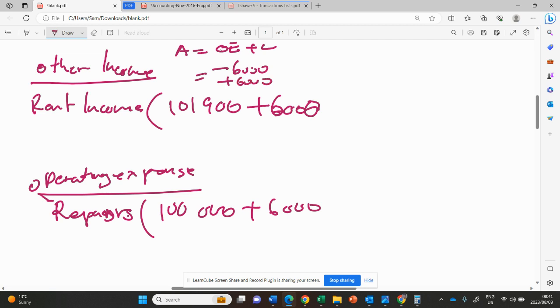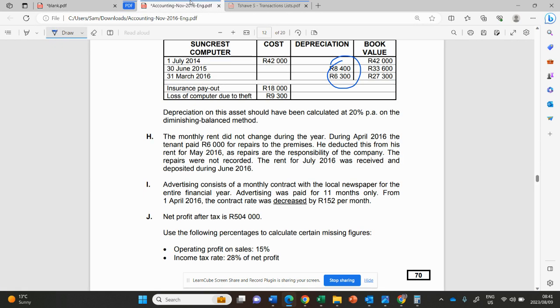Then assets are zero, liabilities are zero. So minus 6,000 plus 6,000 is zero. Everything is zero, so it balances. So go back to the basics. That was a proper adjustment.